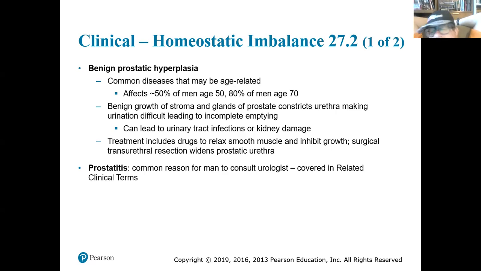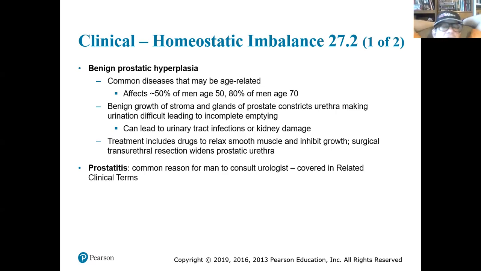So what kind of treatments do they have? You could take drugs to relax the smooth muscle and inhibit growth. You could have a surgical transurethral resection to widen the urethra. This used to be a really scary option because if you mess with the prostate, you might mess with the ejaculatory duct.